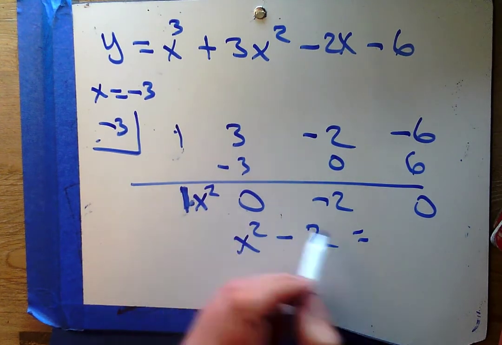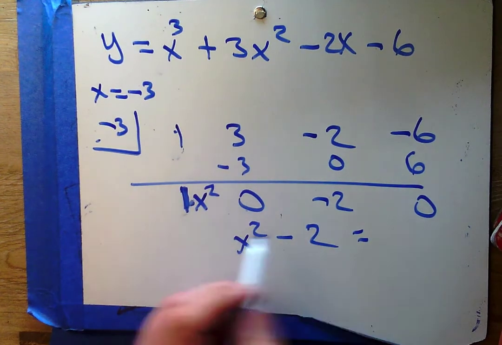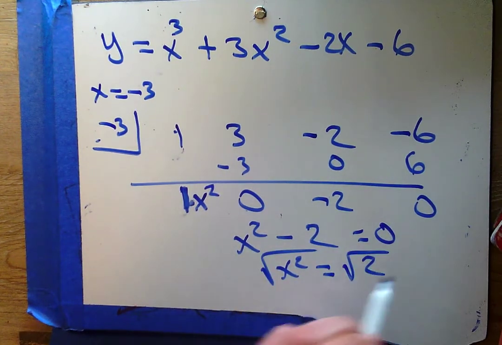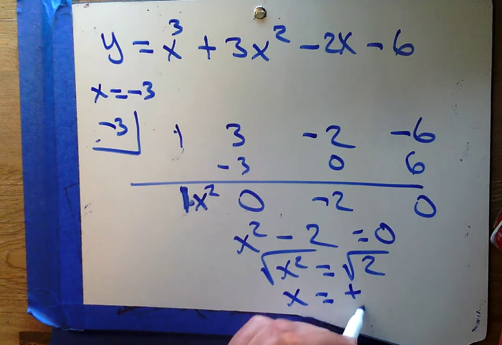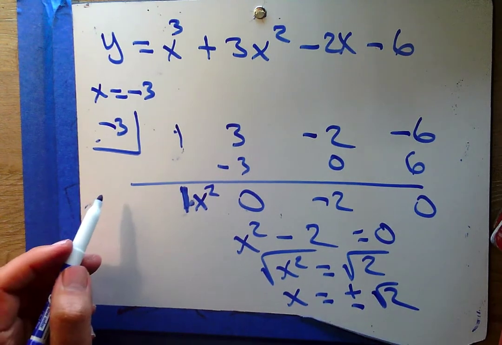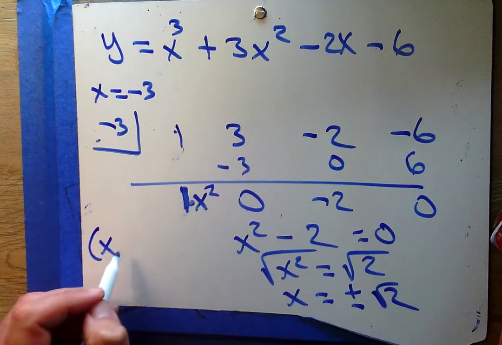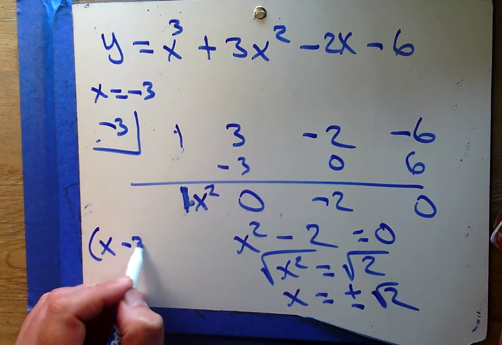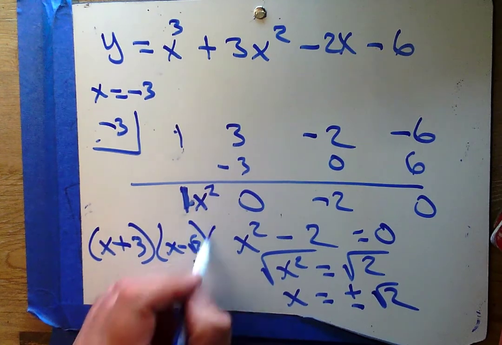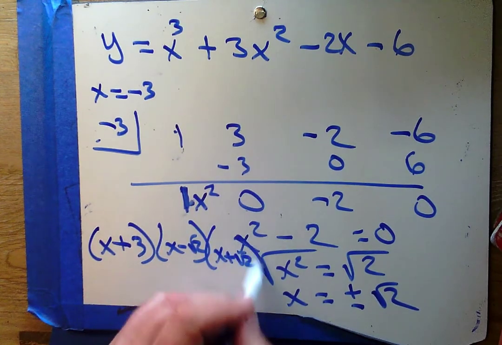And can we take that down further? Well, if I set this equal to 0, I get x squared equals 2. If I take the square root of both sides, I get plus and minus root 2. Okay? So my factored form then would be x plus 3, x minus root 2, x plus root 2.